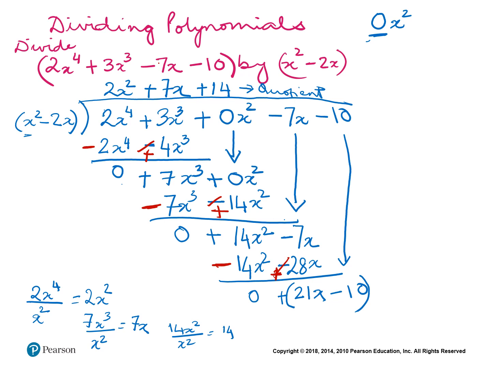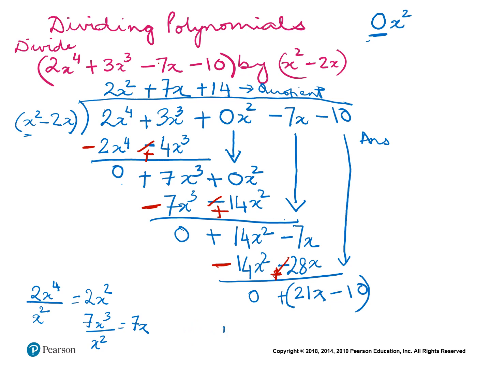And to write the answer in the correct form, this is what you must do. Actually, we don't have enough space, so I'm going to delete this part and write the answer at the bottom.